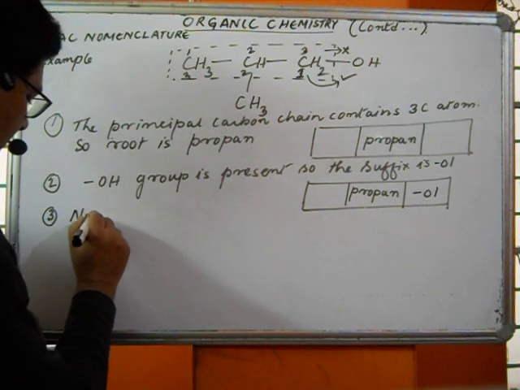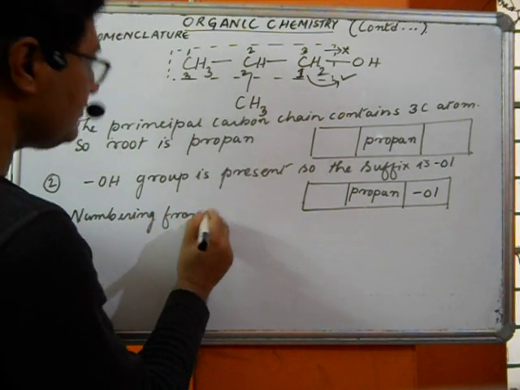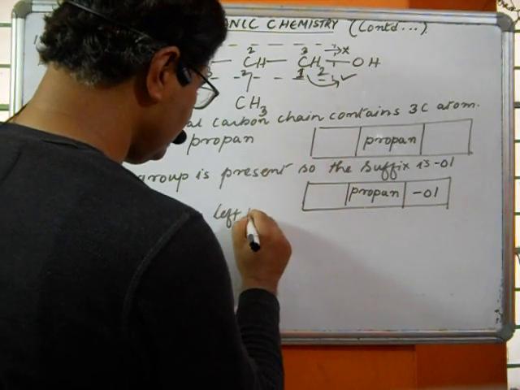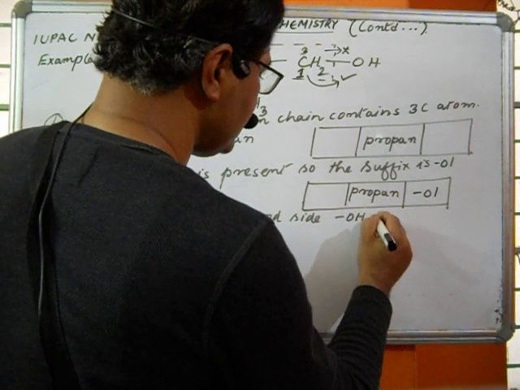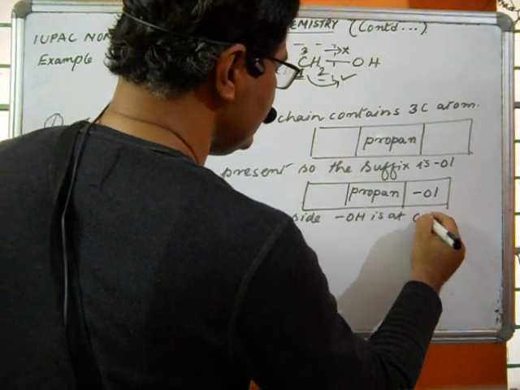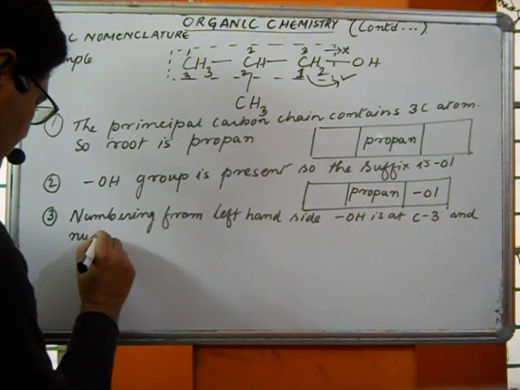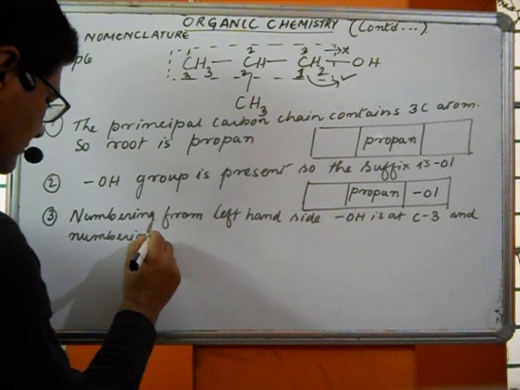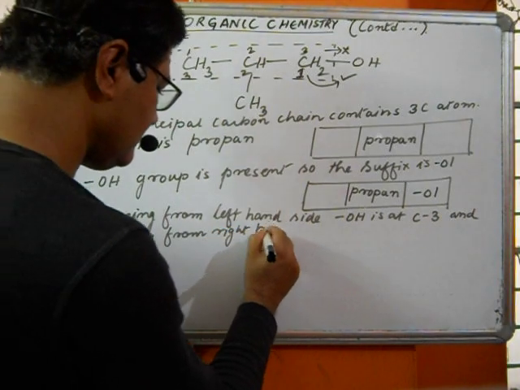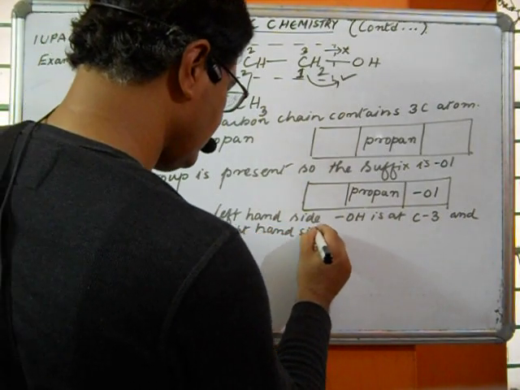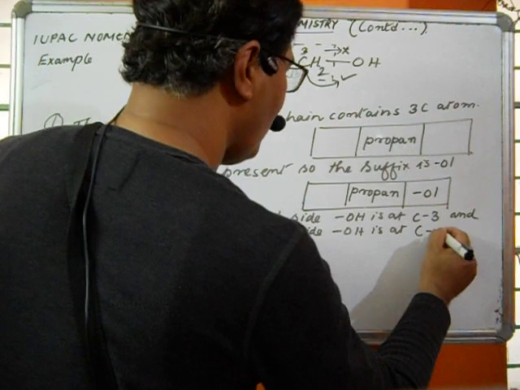Numbering from the left hand side, dash OH is at C3, and numbering from the right hand side, dash OH is at C1.